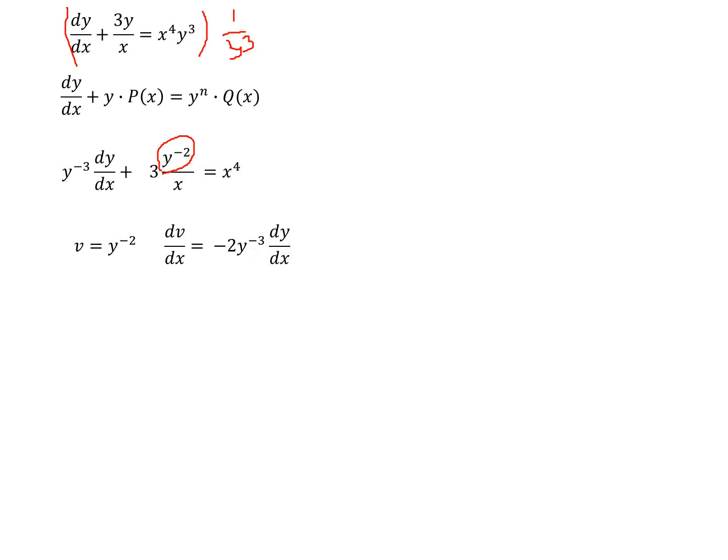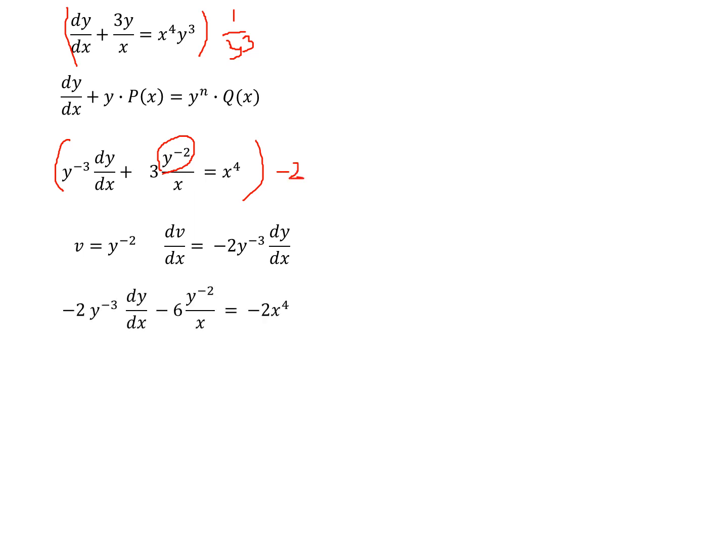Now all you have to do is make it similar to this, so multiply that equation by -2.